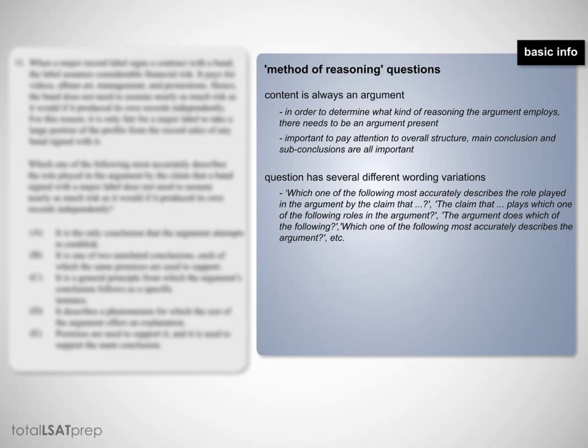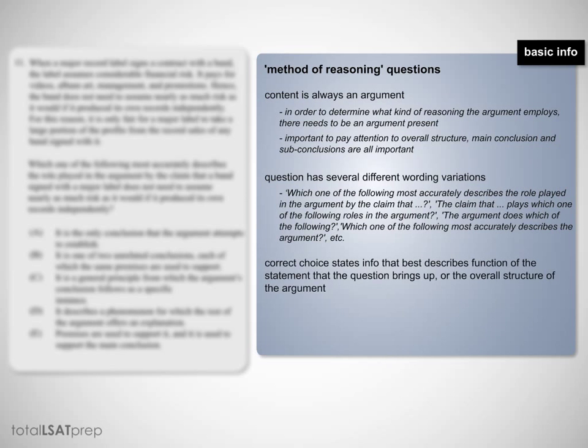So you'll see the question will ask about a particular claim in the argument, or it'll ask about the argument overall, about what the argument does or how it's best accurately described. The correct choice in these questions states information that best describes the function of the statement that the question brings up, or the overall structure of the argument. And these questions appear regularly in every test, and they often appear several times per section.